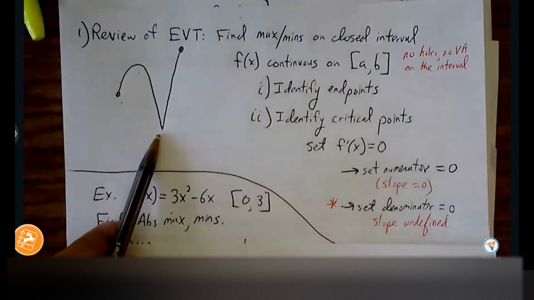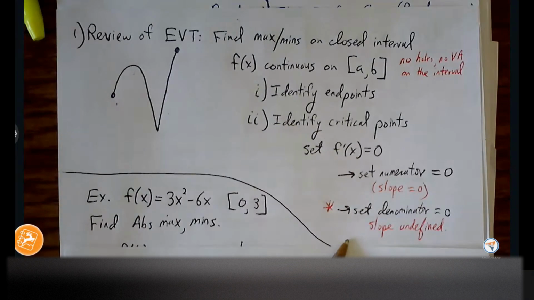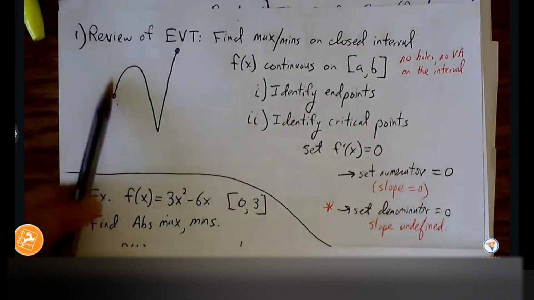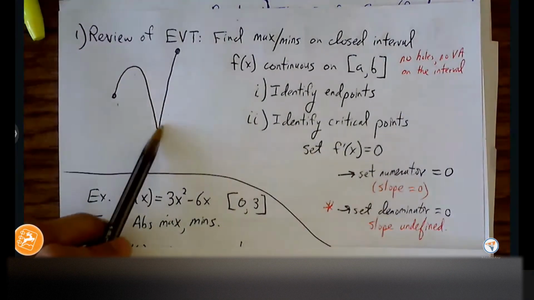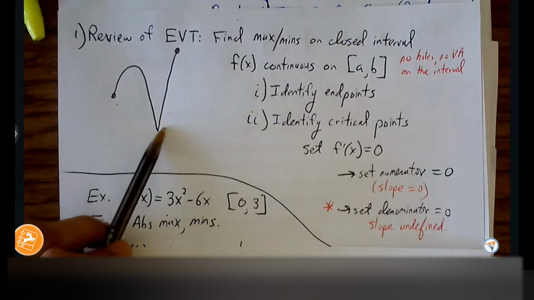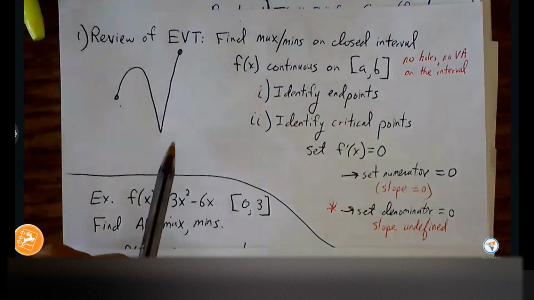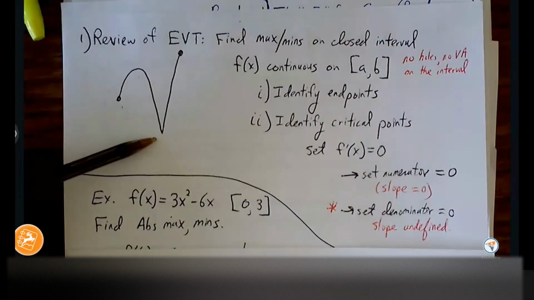But we also don't want to forget about the denominator, because when you set the denominator of the derivative equal to 0, you're looking for slope undefined, and slope undefined is also a candidate. As you can see here, for this example, my absolute min is a location where the slope is undefined. If I never consider the denominator of the derivative for this graph, then I would have missed out on the absolute minimum.